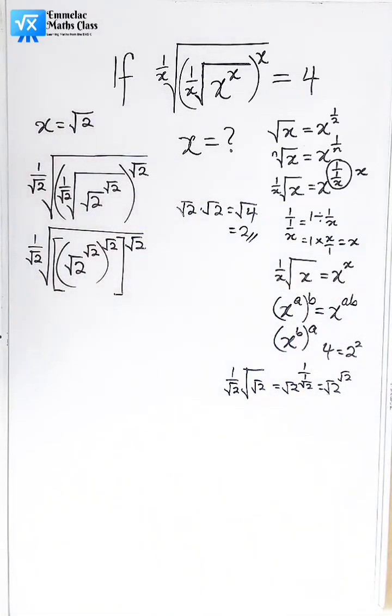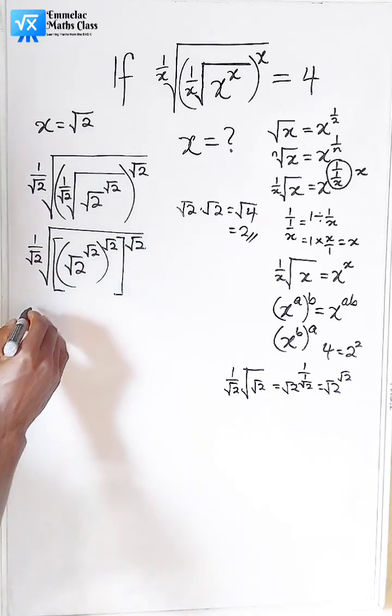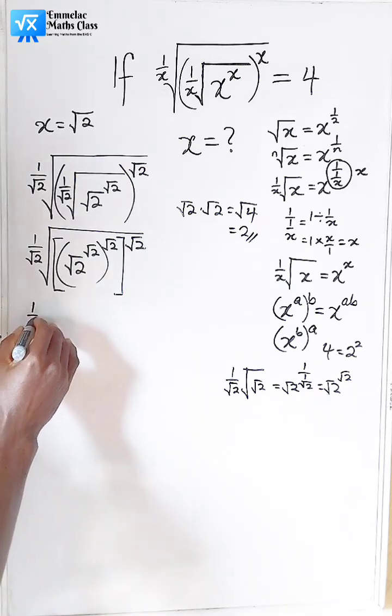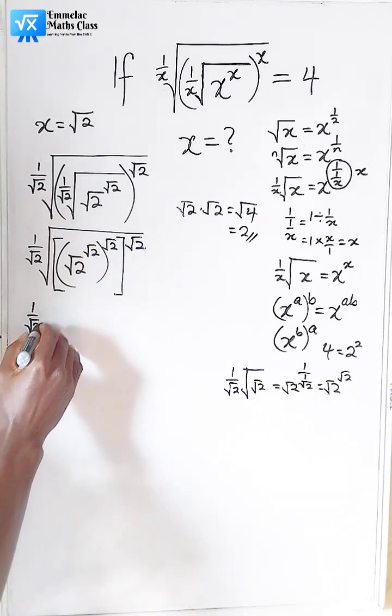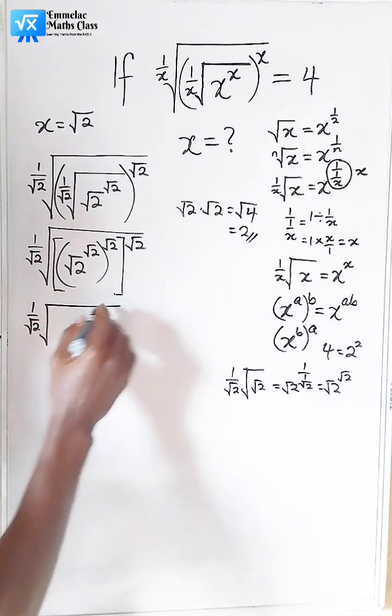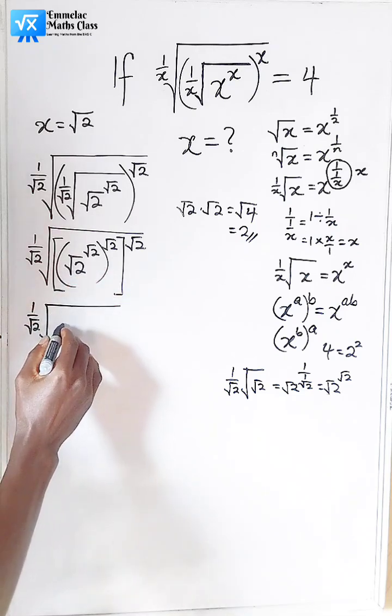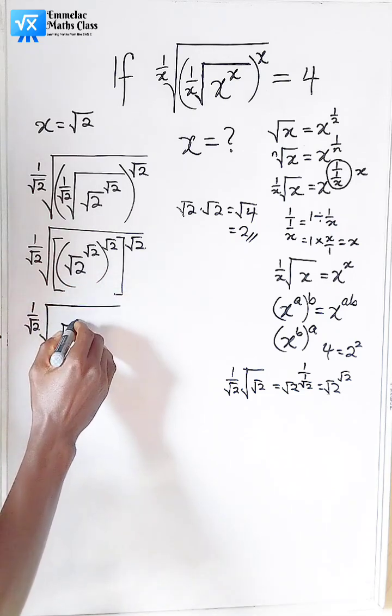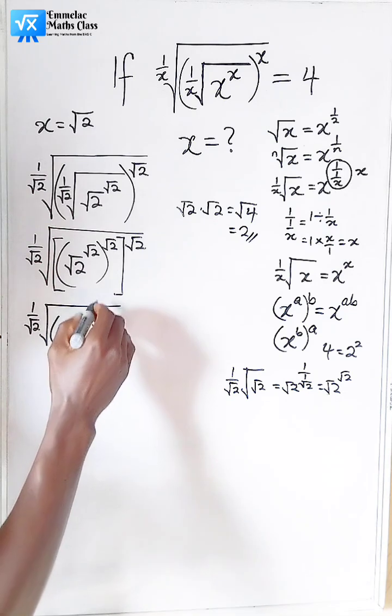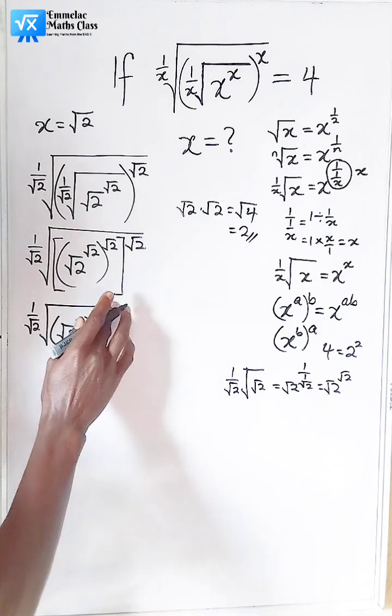Okay, all right, so let us now apply that here. So here you have 1 all over the square root of 2 raised to the power of 2, or raised to the power of 4, the square root of 2.